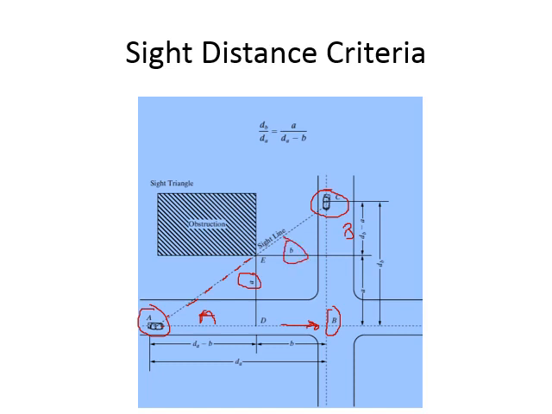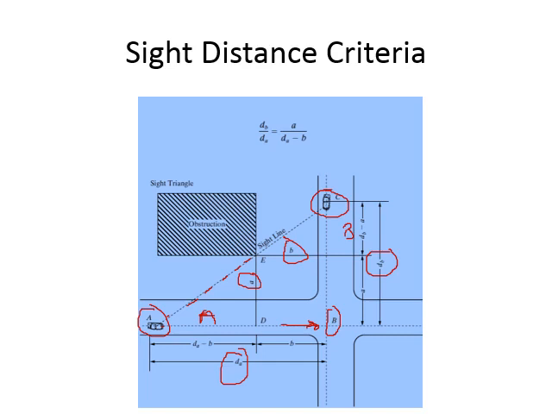The distance from the intersection to the point from which the driver on road A can see the vehicle coming from road B is what we call dA. And the distance from the intersection to the point on road B from where that driver can see the vehicle coming from road A is called dB.